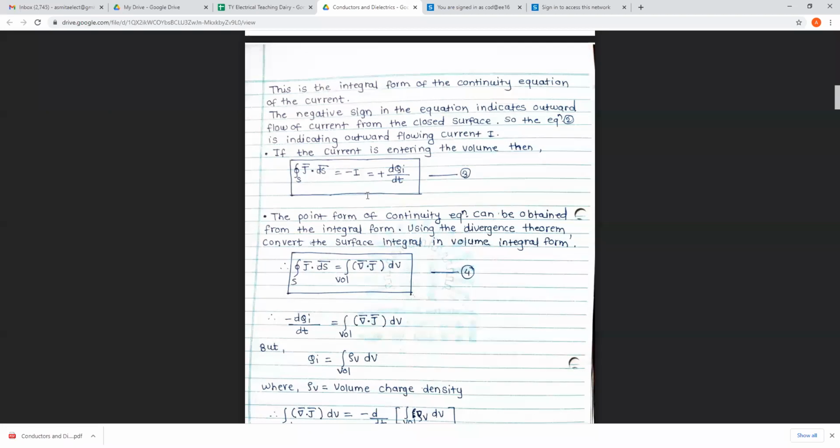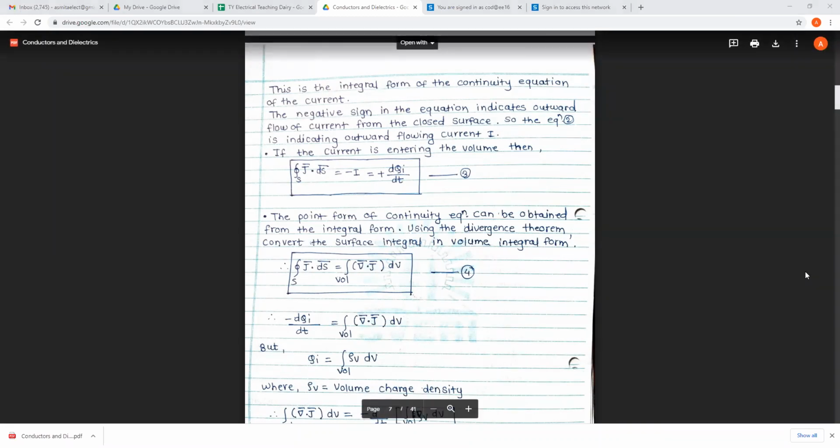So that is the equation we have seen. Now if there are charges outside the closed surface, and we are moving that charge, and consequently the current flowing through the outside surface towards the inside, then we are going in the opposite direction.